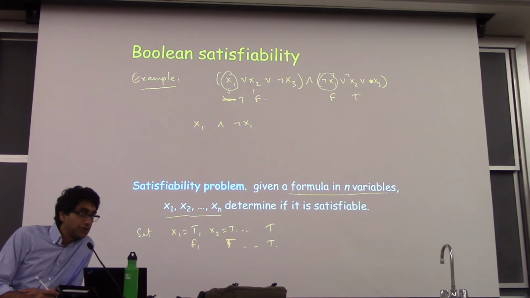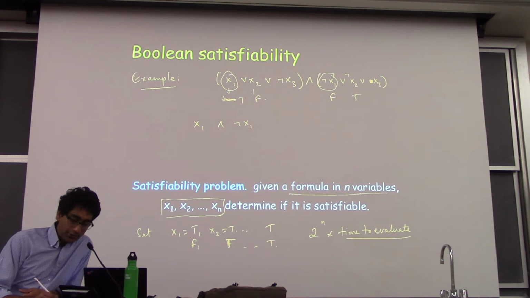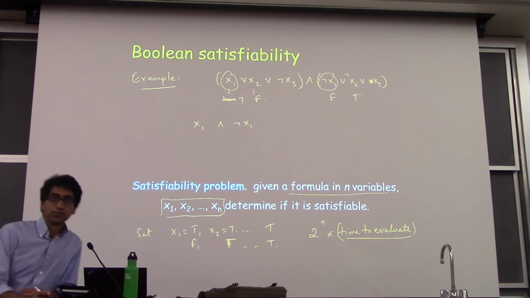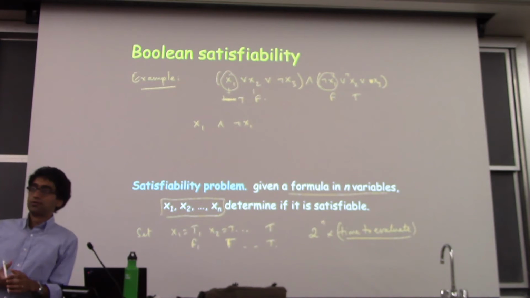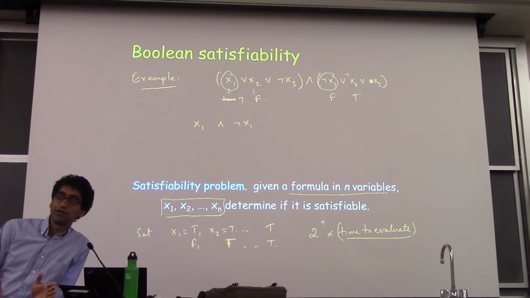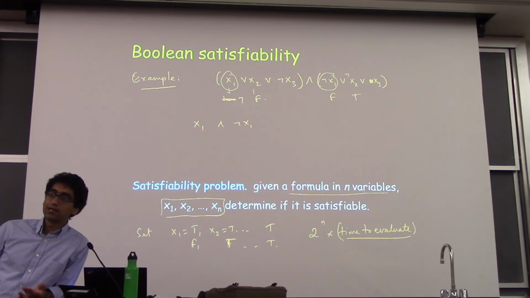So what's the running time of such a procedure? It's 2 to the number of variables. There are x1 through xn, so there are 2 to the n assignments. This takes time 2 to the n times the time to evaluate. Given an assignment, what's the time to evaluate? Suppose I tell you one setting of x1 through xn, and I ask you, does the formula evaluate to true or false? It depends on the size of the formula, clearly.